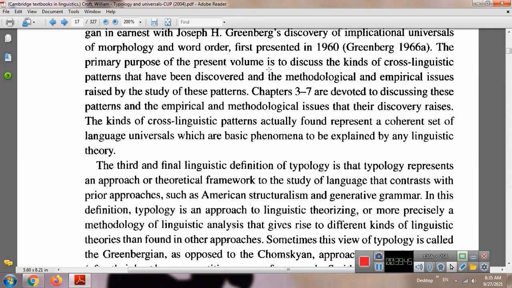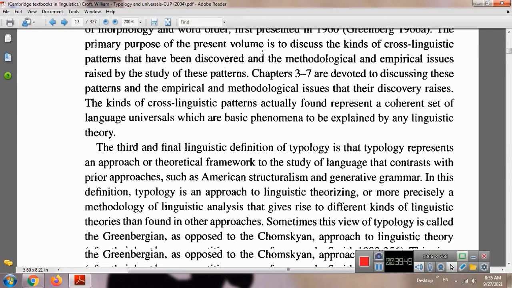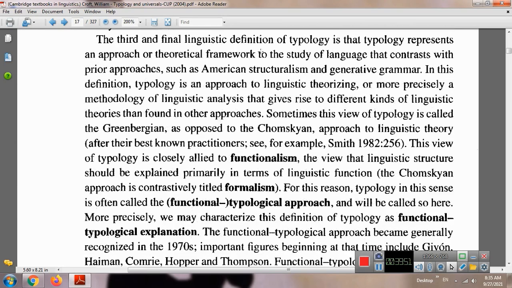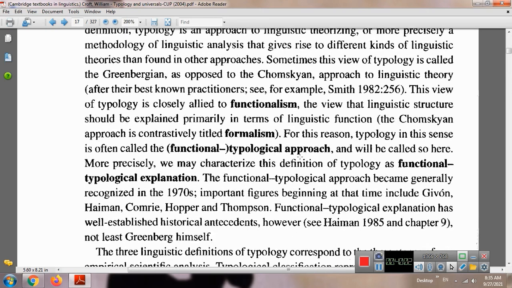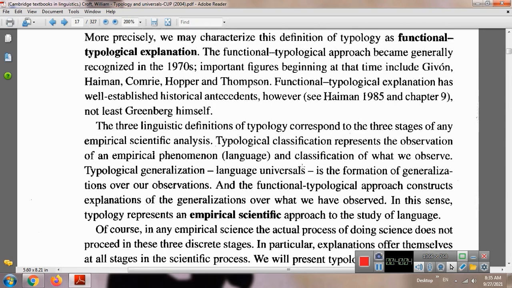And we told you about this Greenbergian implicational universal. And here we had a third definition of typology in linguistics, which was the functional typological approach. You should know that. And here we had its detail.